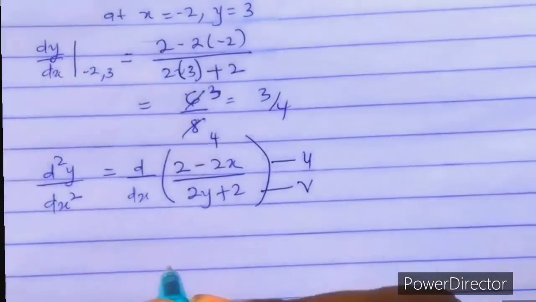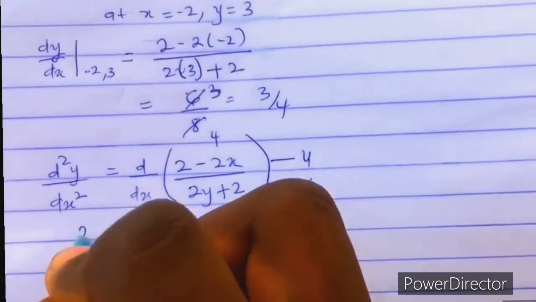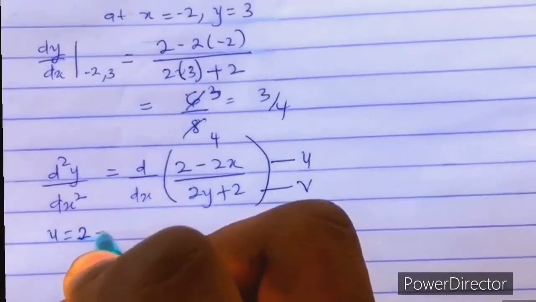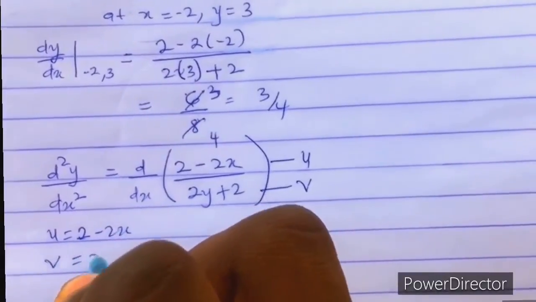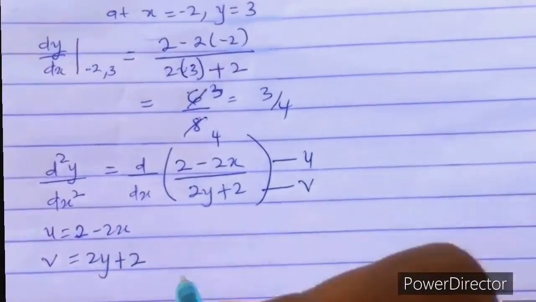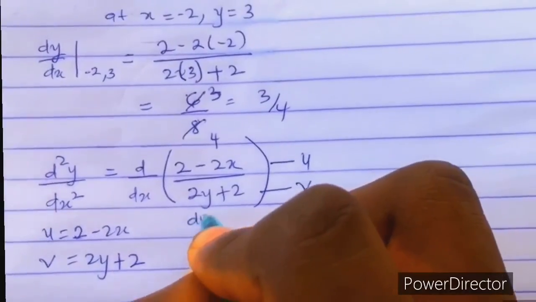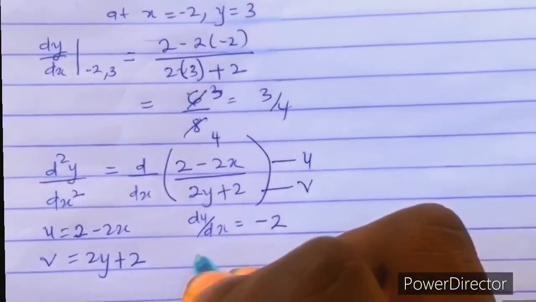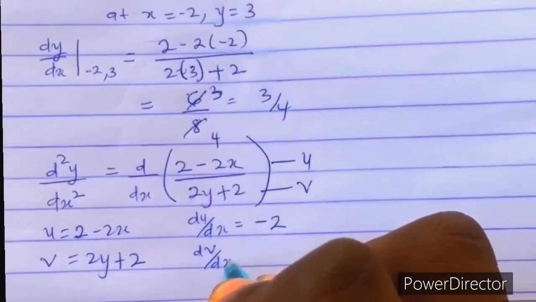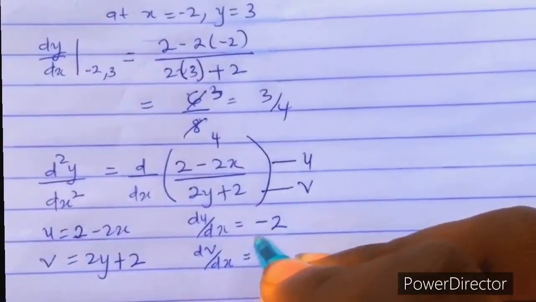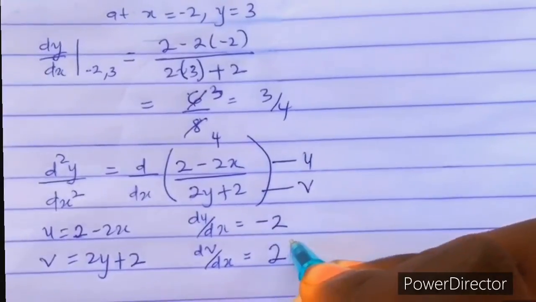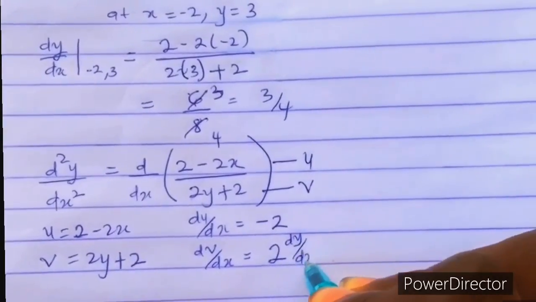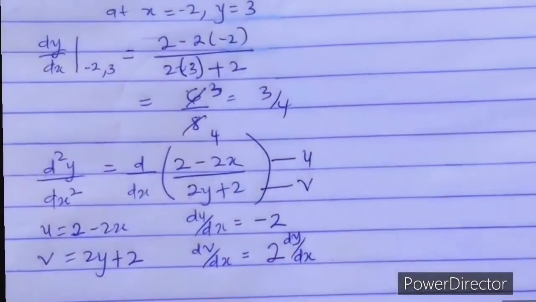Our u is now 2 minus 2x, and our v is now 2y plus 2. Our du/dx is now -2, and our dv/dx is now 2 dy/dx.